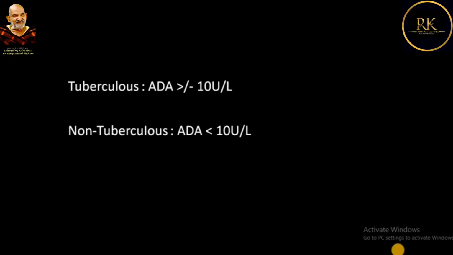Then estimation of CSF ADA level. In tubercular meningitis, ADA level is greater than 10 units per liter, whereas in non-tubercular causes, ADA level is less than 10 units per liter.